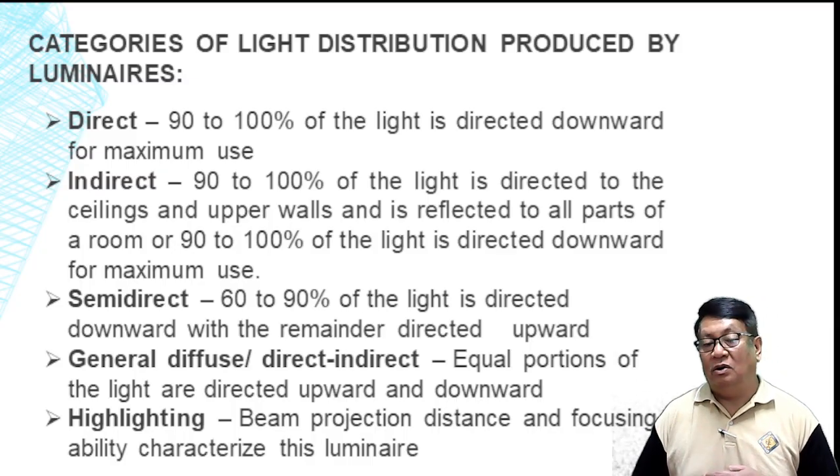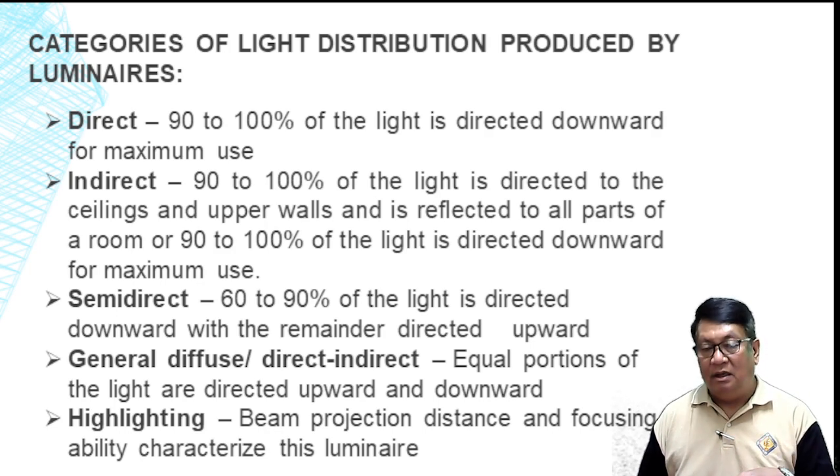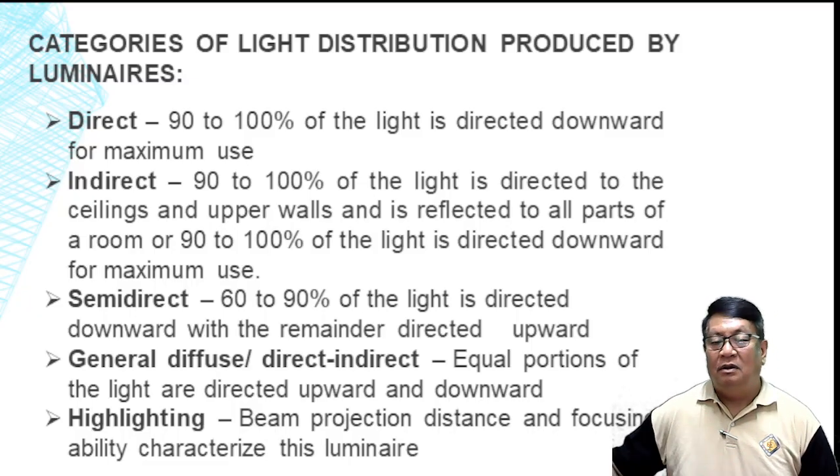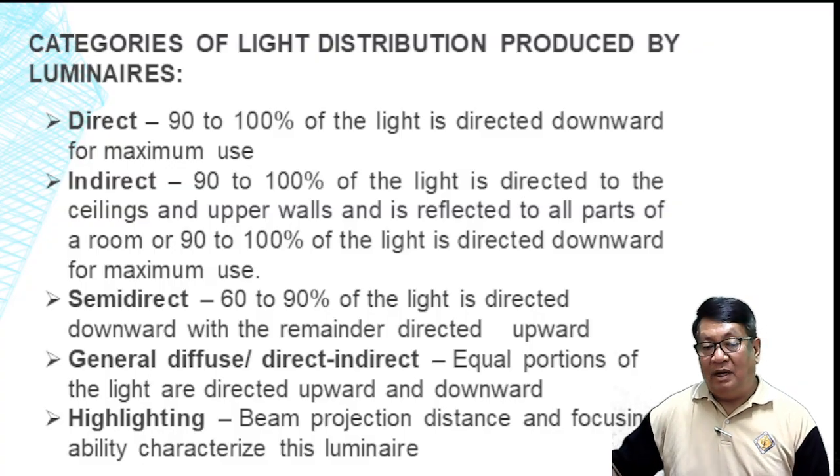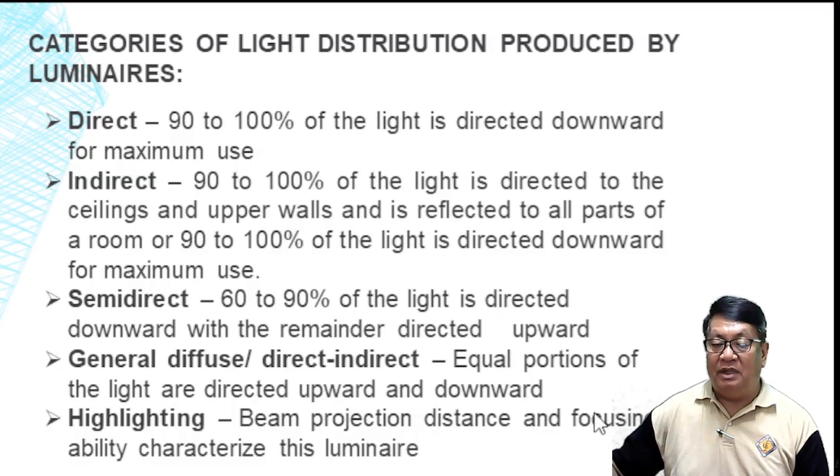So if direct is 90 to 100% directed downward, then indirect is in the upward position. Of course, light will be reflected by the ceiling. We have also the semi-direct, and the general diffuse or direct-indirect.